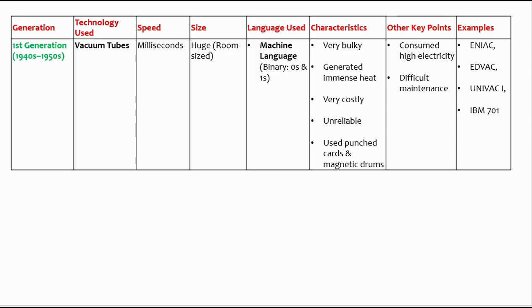Examples of first generation computers include ENIAC, which is Electronic Numerical Integrator and Computer, then EDVAC, which is Electronic Discrete Variable Automatic Computer, UNIVAC-1, which is Universal Automatic Computer, and IBM 701.